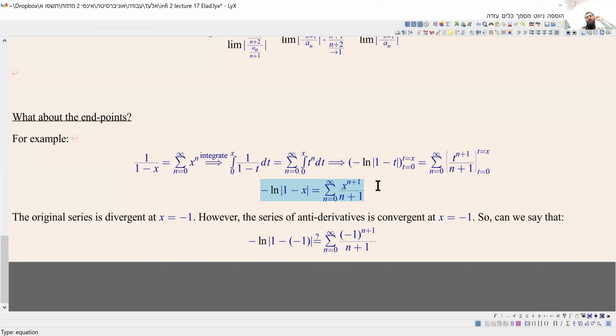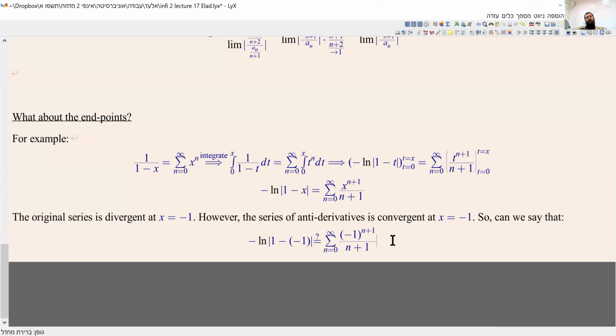The original series is divergent, integration element by element, boom, the new series is convergent at the endpoint -1. Is it always true? Is there any case where it stays divergent, say at x equals 1? Even after the integration, you put x equals 1 here, you get the divergent series.